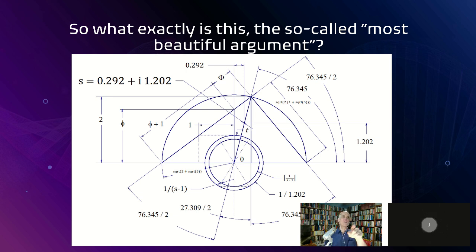So for example, I calculated the radius. What is the radius of the circle? Square root of 2 plus square root of 5? No, not that. The radius is the square root of phi cubed, which is phi to the 3 halves, and the height to that point is phi.